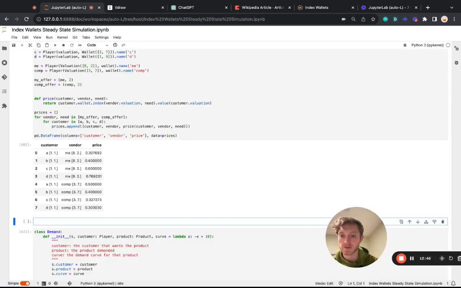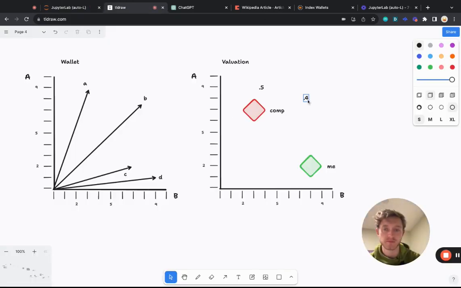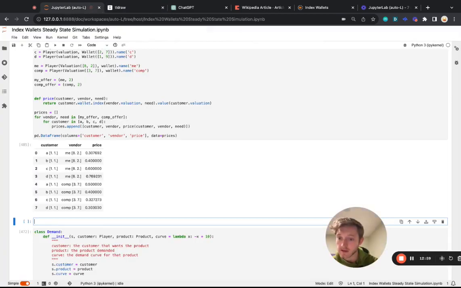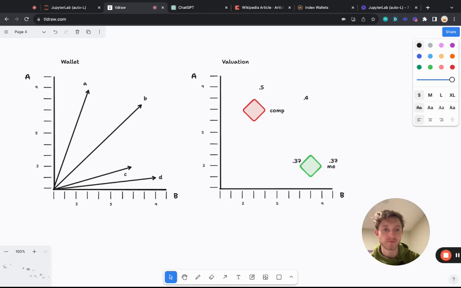C is 0.37. So somewhere around here. D is 0.303. Somewhere around here.